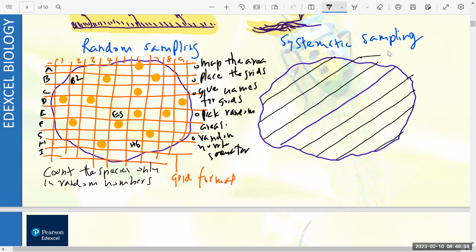So this is the line. In this line, I'm going to mark a fixed distance. For example, from here to here it's 1 kilometer, and 1 kilometer, 1 kilometer, like that. So this is a fixed distance. And again, I do here like this.